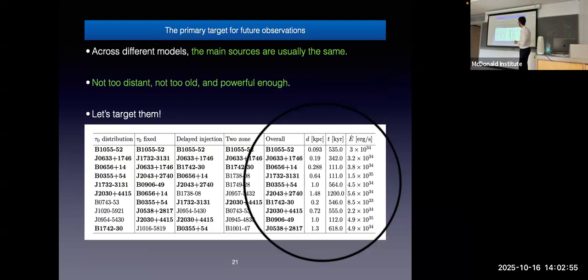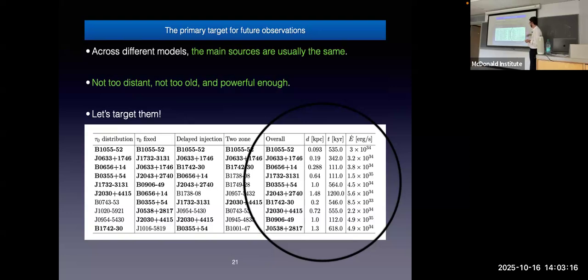And then we can build a final list of the 10 most important sources that should be responsible for the positron excess after all the statistics that we did. And again, they are all fairly close, not too distant, middle-aged pulsars, and fairly powerful.